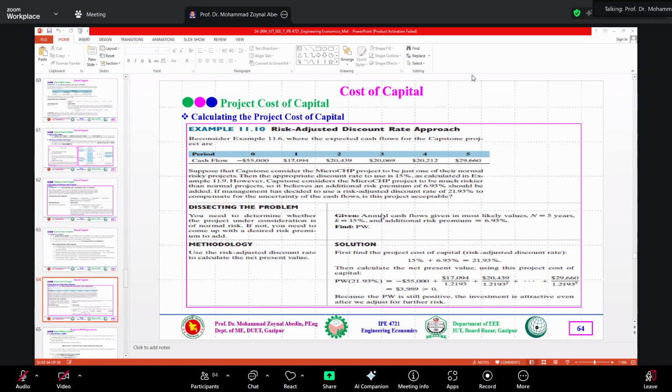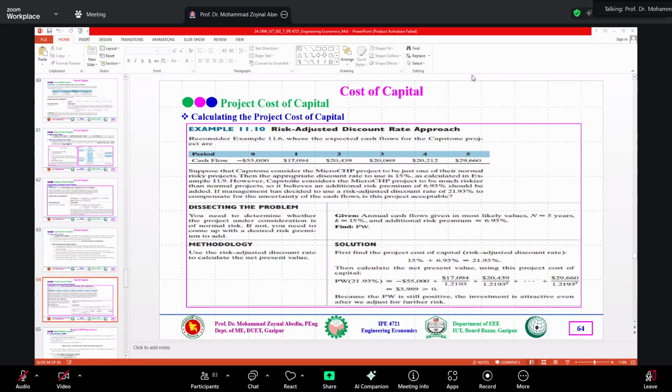Okay, you have to decide the investment. So now you need to determine whether the project under consideration is of normal risk. If not, you need to come up with a desired risk premium to add. The annual cash flow is given in the most likely values, and the total number of tax periods is 5 years.